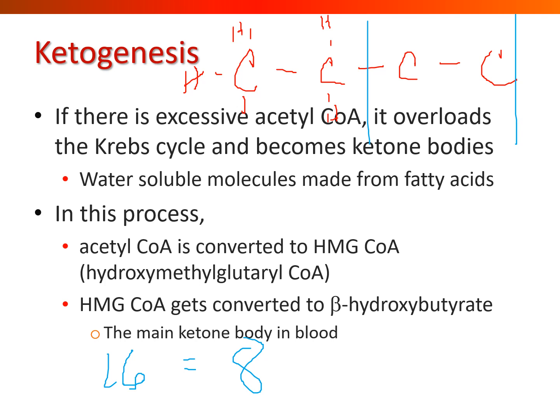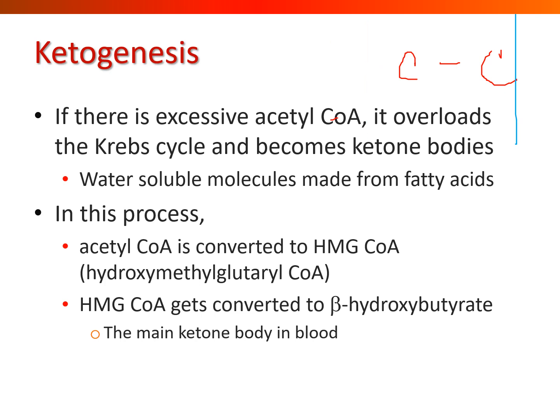So you can see how very quickly a fatty acid chain being metabolized into 2-carbon molecules can end up overloading the Krebs cycle. That's why we say if we burn fat too efficiently, if we break it down too efficiently, we can overload the Krebs cycle. And we have to do something with all this acetyl CoA floating around. So if there is excess acetyl CoA, it overloads the Krebs cycle.